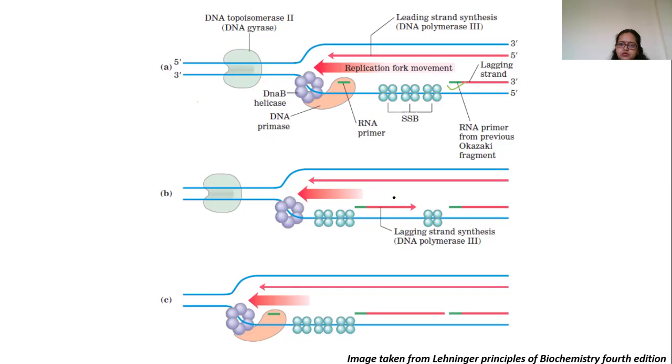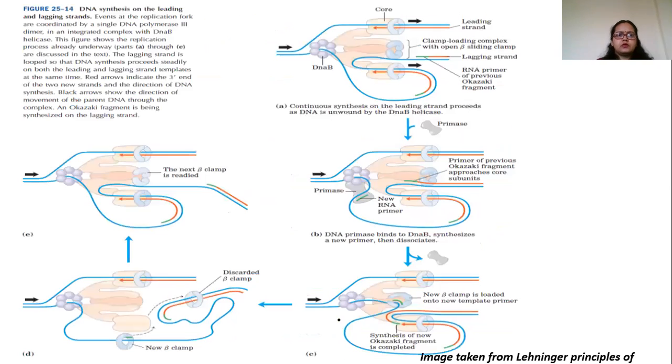Leading and lagging strand synthesis is shown here. You can see that two Okazaki fragments are synthesized. For the next Okazaki fragment, DNA primase synthesizes a primer, and then that next Okazaki fragment is synthesized.